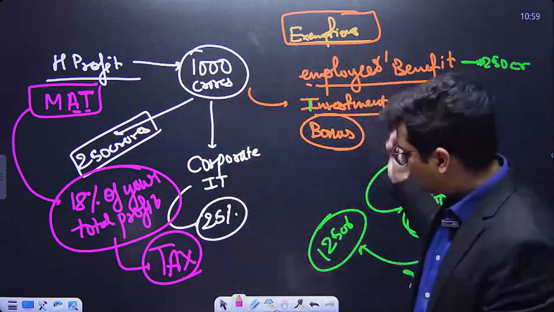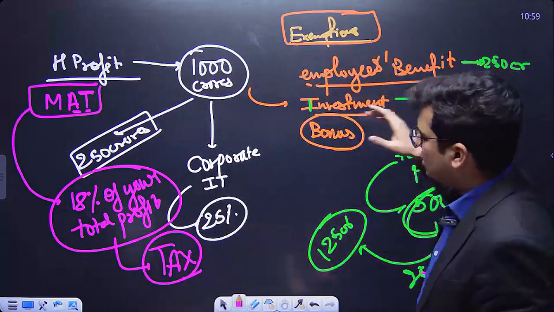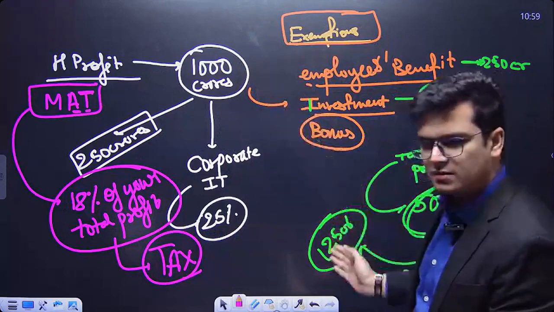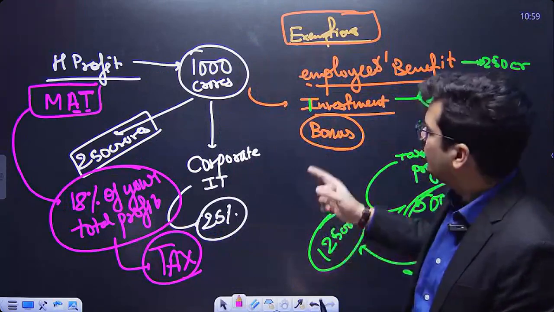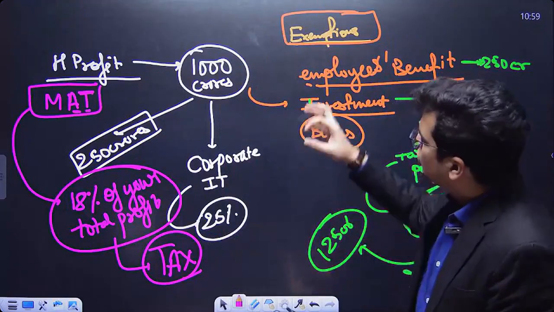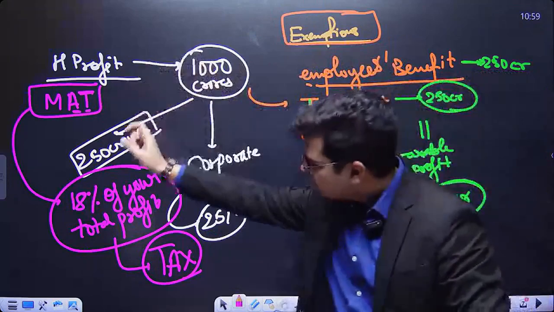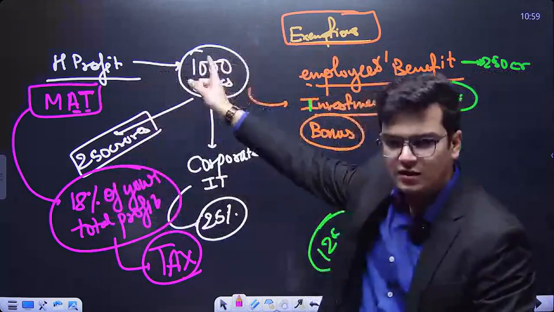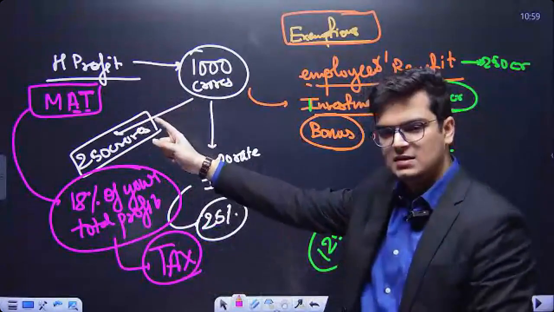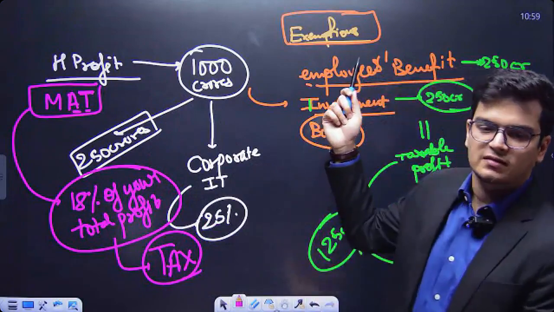So in this case, out of total profit, after claiming exemptions, Haldiram was paying 125 crores. This is 12.5%. Government says you are misusing these exemption provisions. Therefore, you can claim whatever exemptions you want, but minimum you must pay 18% of your total profit as tax. This is minimum alternate tax. This is a way for government to stop this abuse of exemptions.